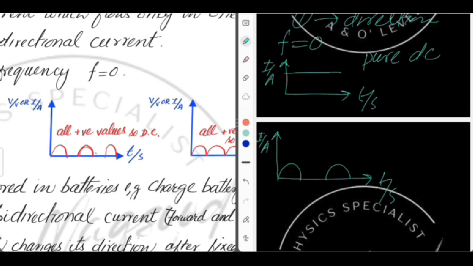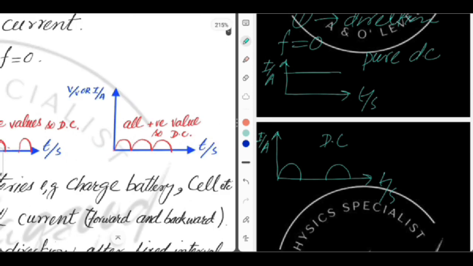That's why this is also a DC, but not pure DC, because its magnitude is changing with time. The third graph is similar to the second one. It has all positive values, so this is also for DC.